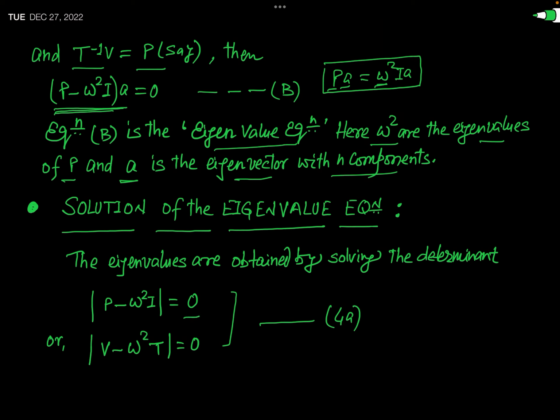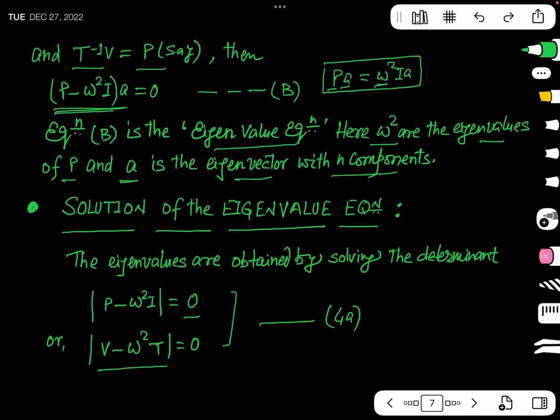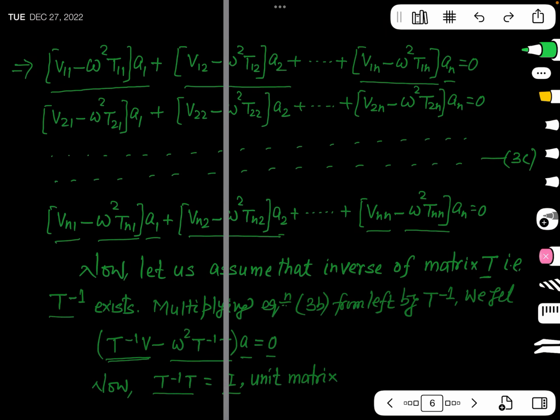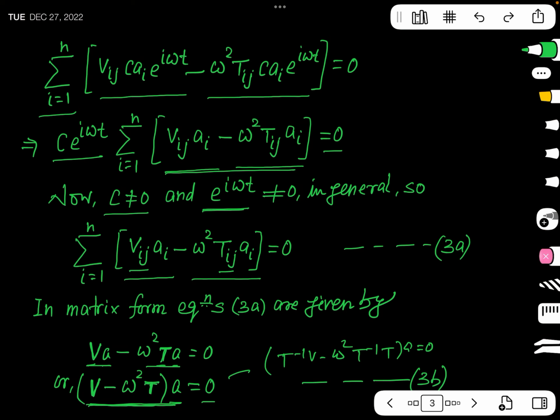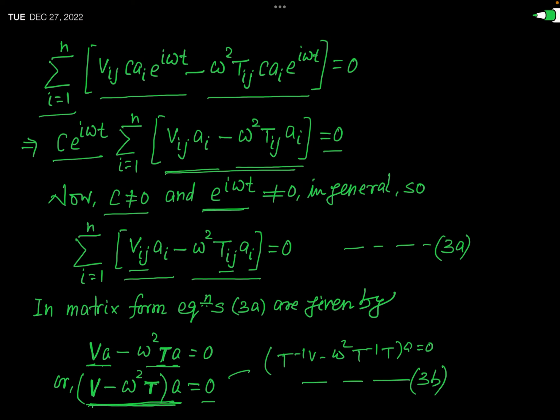And when you say that determinant of P minus omega square I equals 0, in other words, you can also say that the determinant of V minus omega square T is equal to 0, from this equation.